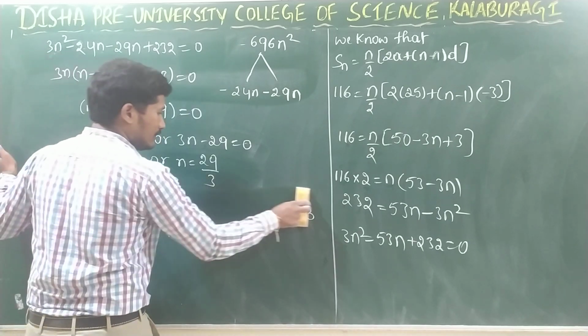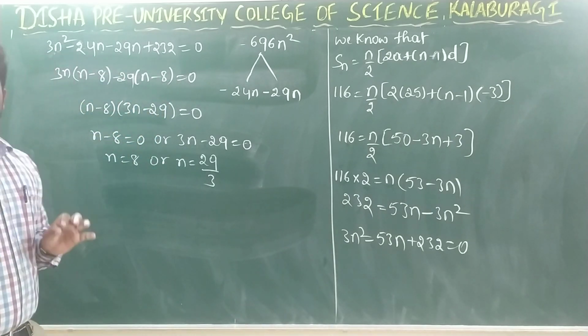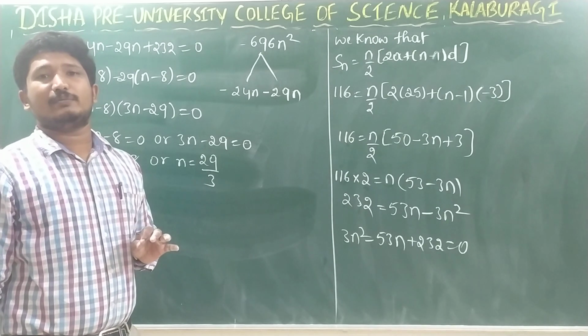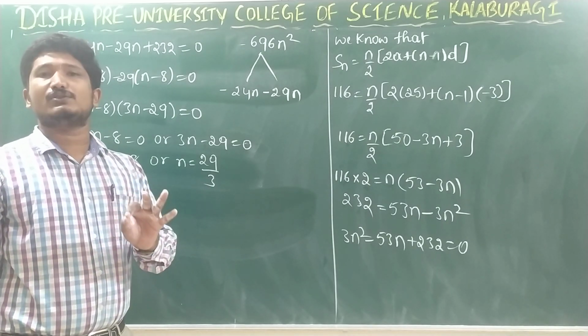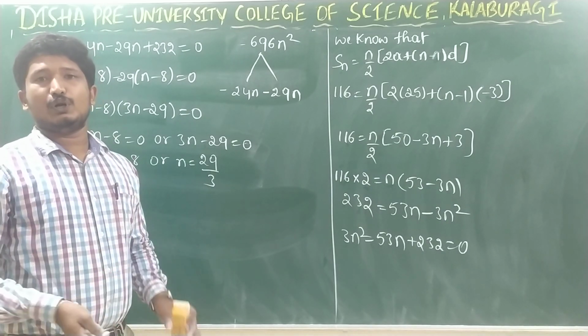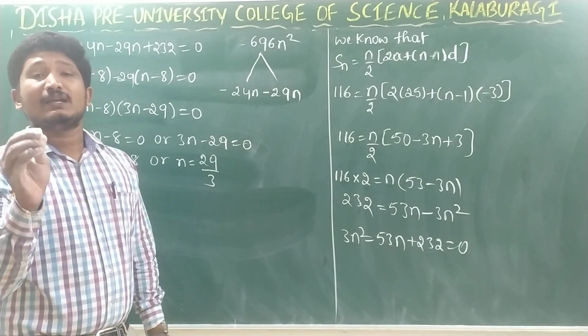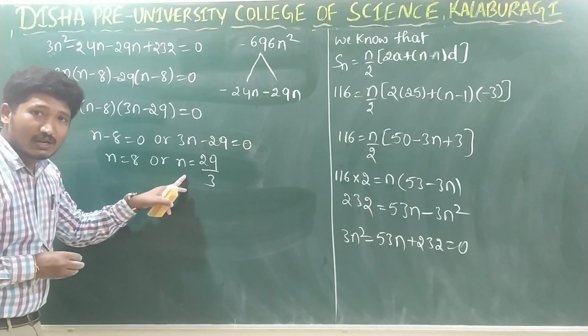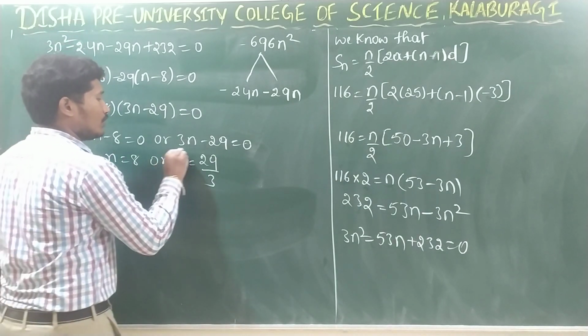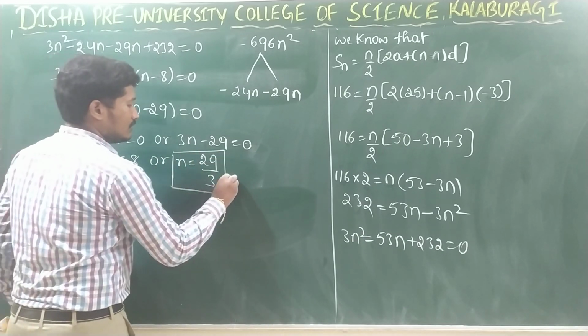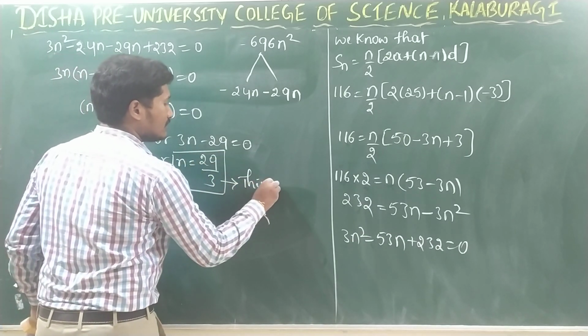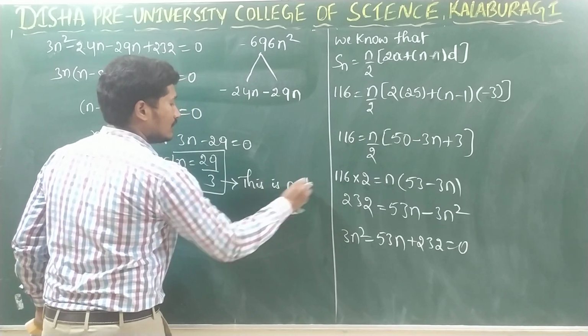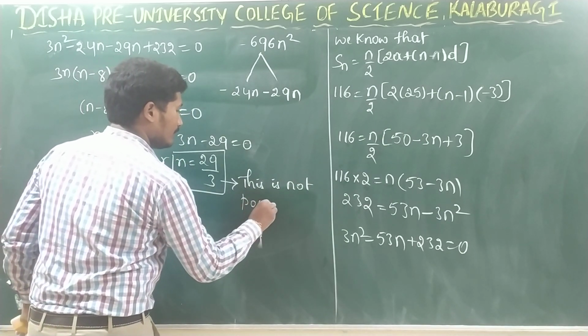So see here, the number of terms of the arithmetic progression is always a natural number. I have told you the value of n will be a natural number. Is this a natural number? So this is not possible. This cannot be taken as a value of n. Right?